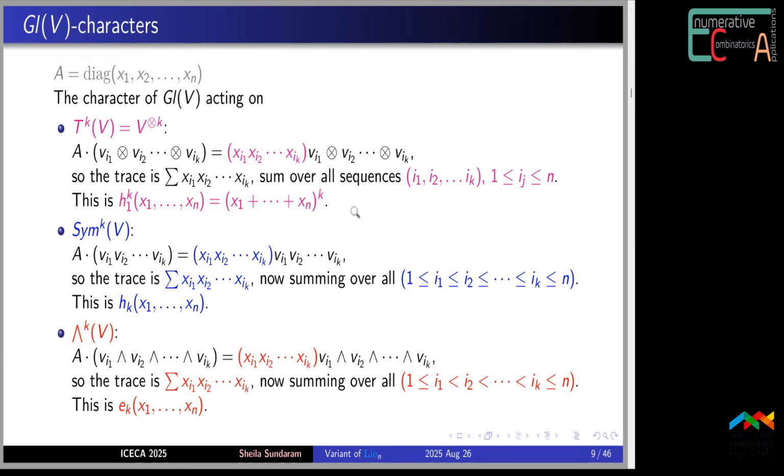So you can actually very concretely compute this, and you'll see that it's h_1 to the k. Right? Similarly, if you computed the trace of this diagonal matrix on the kth symmetric power, you will end up getting the homogeneous symmetric function h_k, and on the kth exterior power, you'll end up getting the elementary symmetric function e_k.